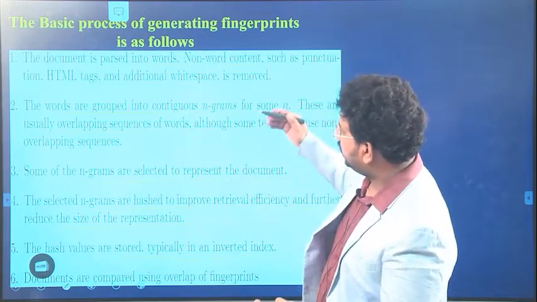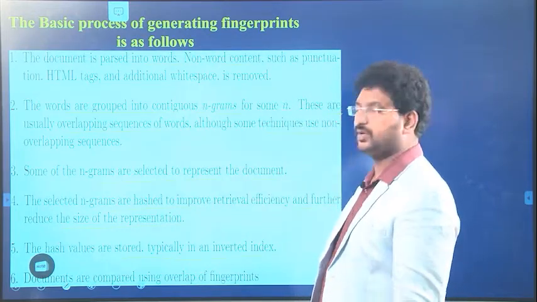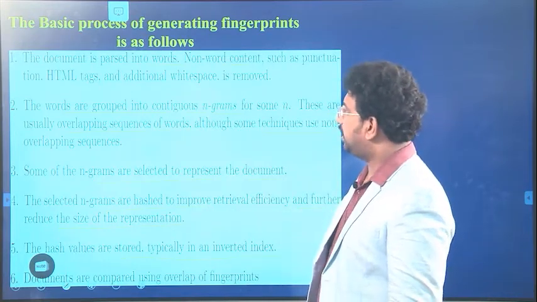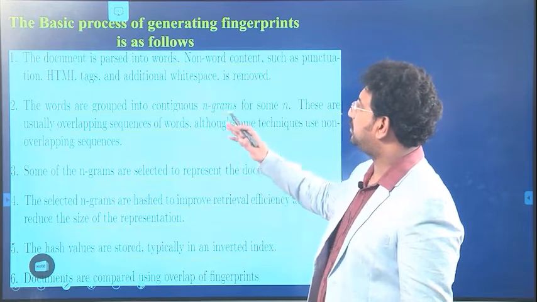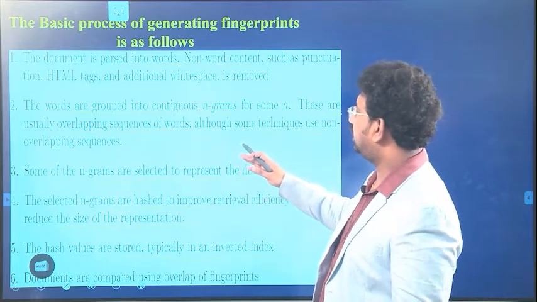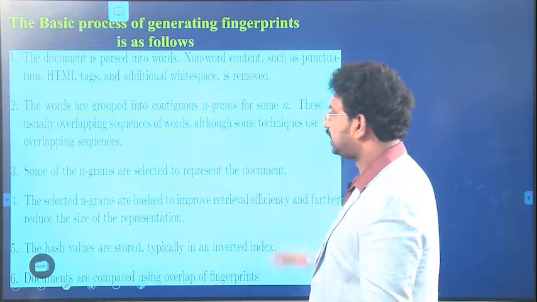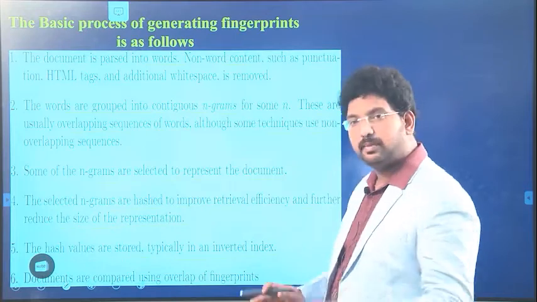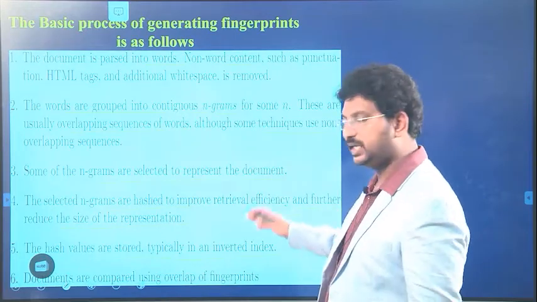So these are all the different steps involved in the basic process of generating fingerprints. As you see, first the document is parsed into words, and second, it is grouped into continuous n-grams, which may be overlapping or non-overlapping, and some of the n-grams are selected for representing the entire document.